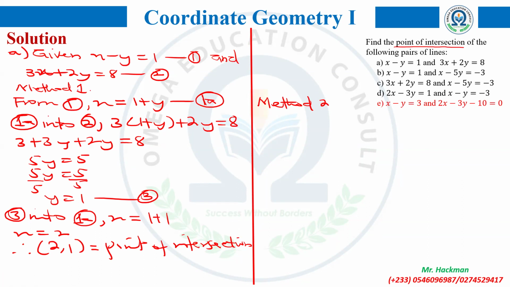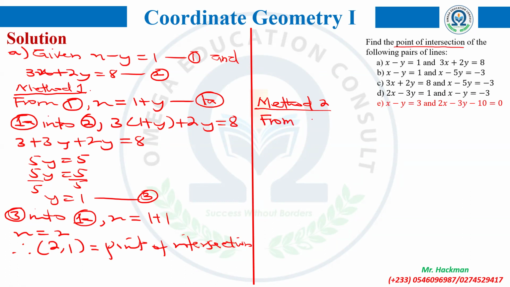This is what we are going to do. We said from each equation, you have to express it in the slope intercept form, or gradient intercept form. So now what do I do? I will go and write from 1.